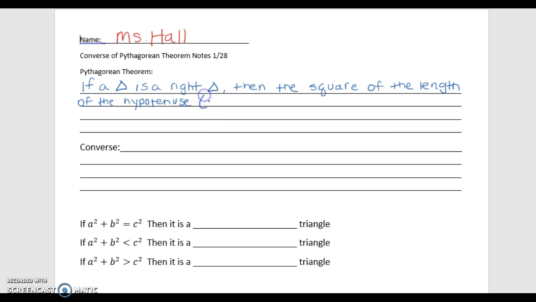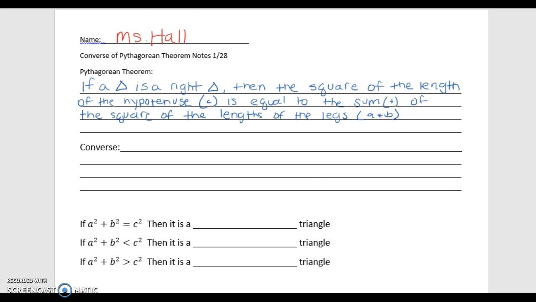or C is equal to the sum, adding it up, of the squares of the lengths of the legs, A and B. Okay.